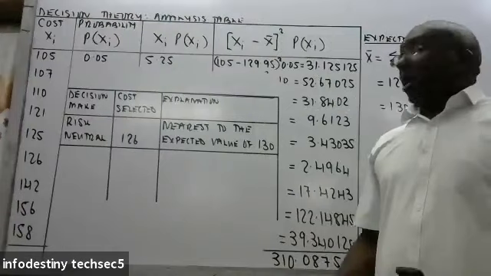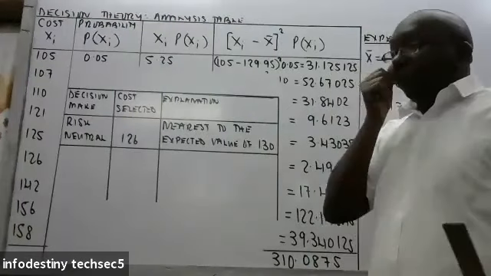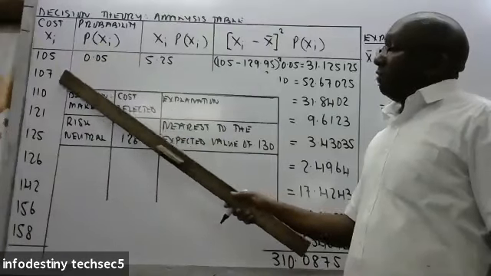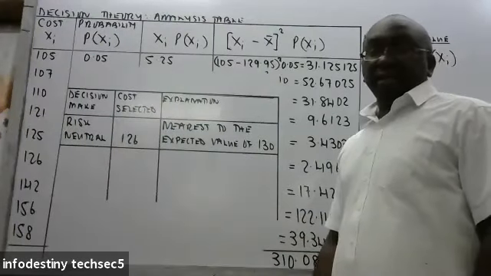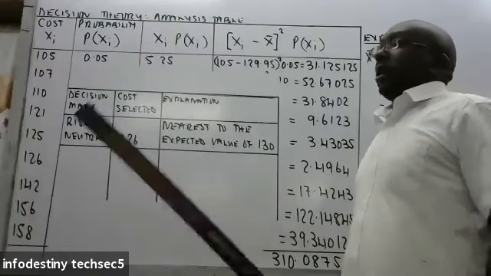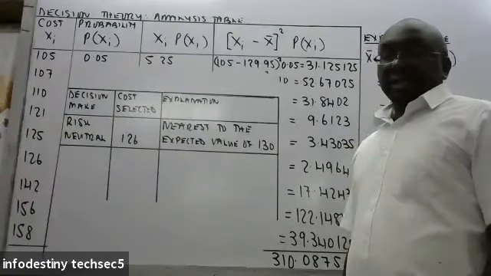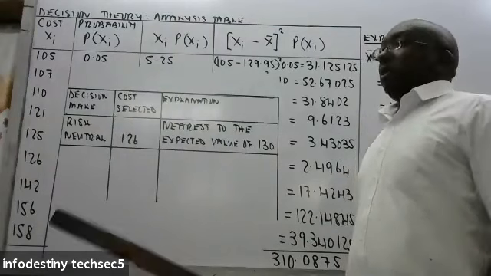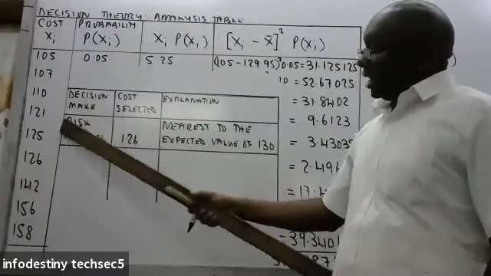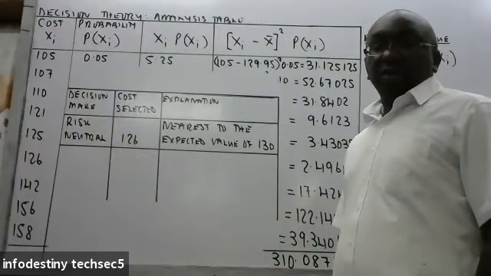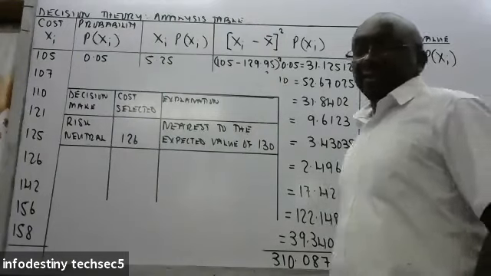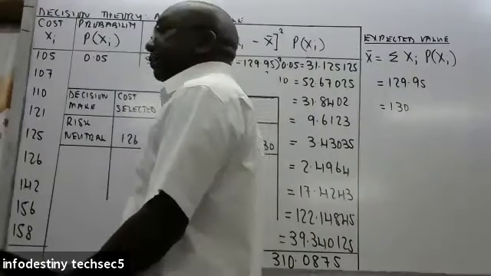So the average is 130, is what it should have gone for. But as you can see, in the set of the values, none of them is 130. When you study statistics, you will discover this is one of the disadvantages of the averages, because the answer you get may not be one of the values that you have. So if it is not one of the values, then you go for the nearest.